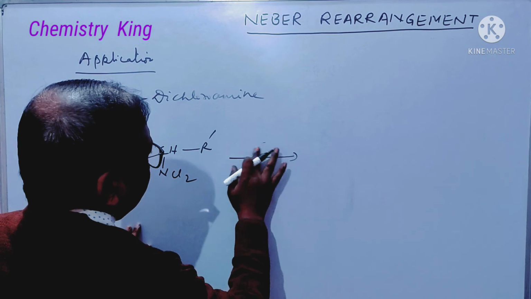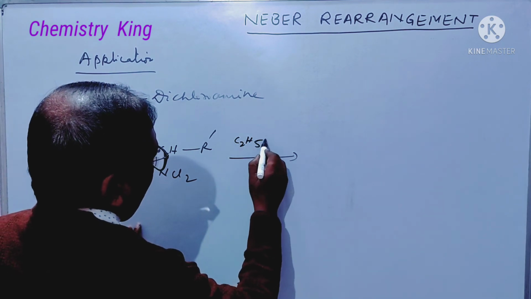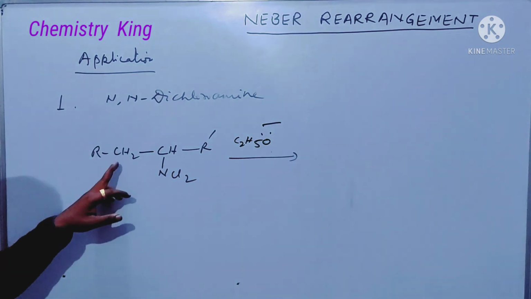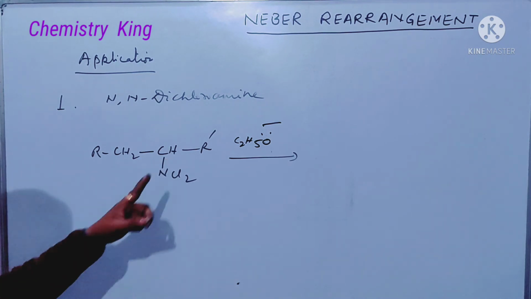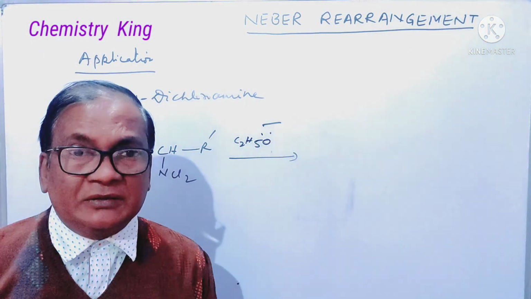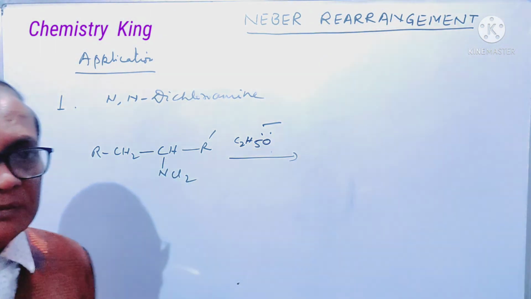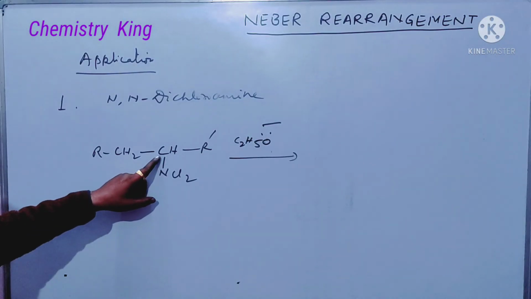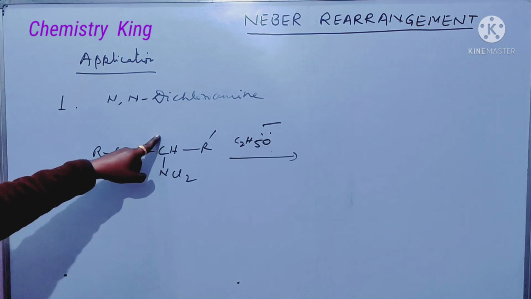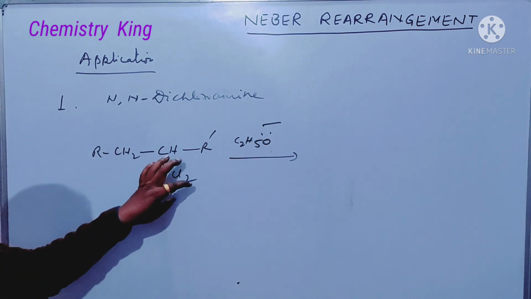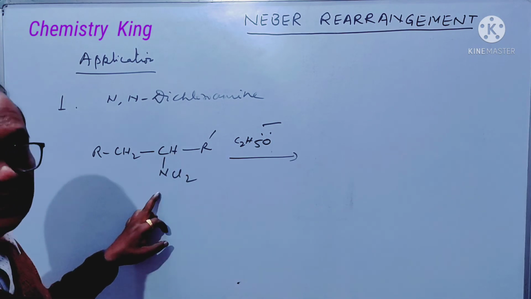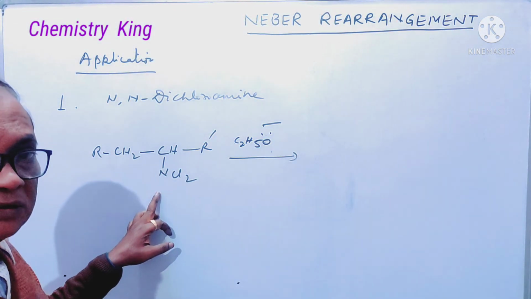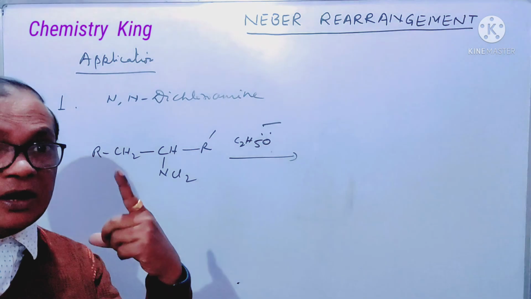Base is here, C2H5O minus. So here hydrogen is here and hydrogen is here. Which hydrogen will be abstracted by this base? Question is this. Since this carbon has delta plus charge, while this is an electronegative group. Nitrogen is electronegative and also two chlorine atoms are there.